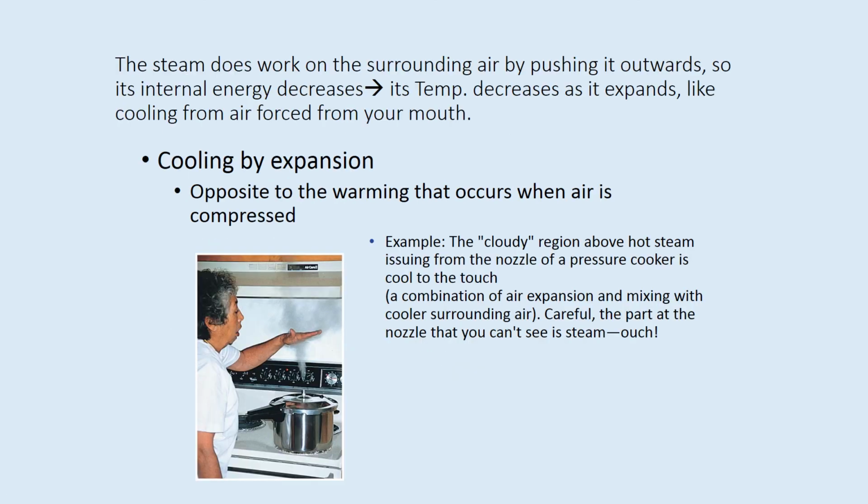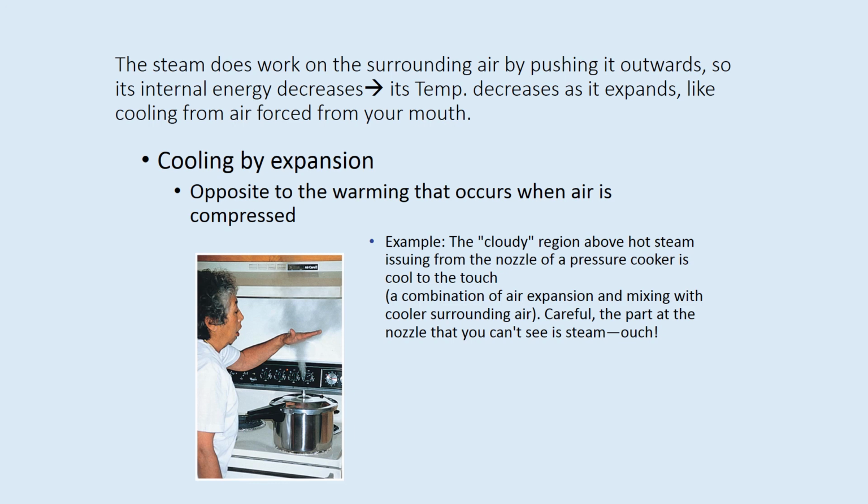In this last slide for the lecture, we can see a similar effect as what we just talked about with the air leaving the mouth or the lips, expanding and causing the air out of your mouth to become cooler.